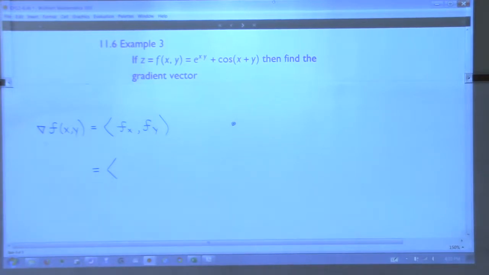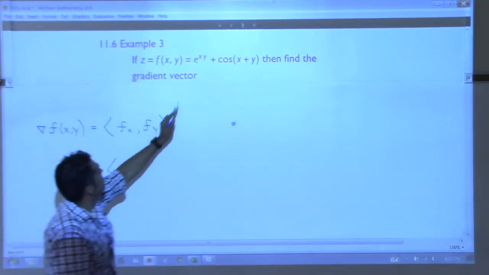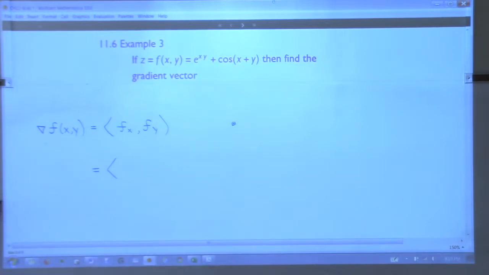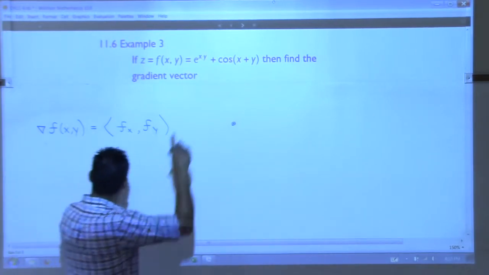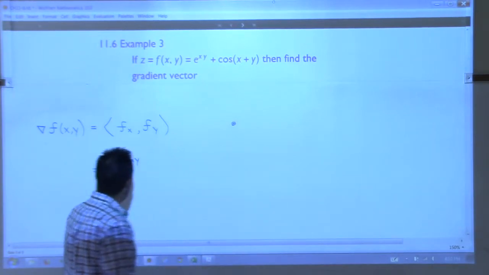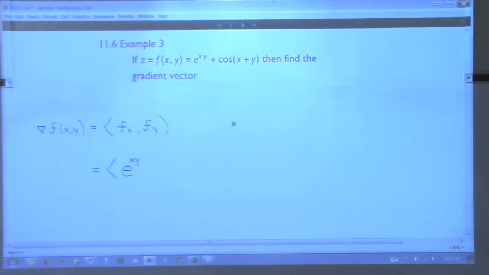So what is the partial of f with respect to x? This one's a little tricky. What is the derivative of e to the xy with respect to x? What's the derivative of e to anything? Itself, e to that something, and then times the derivative of what's in the exponent. So what's the derivative of x times y with respect to x? Just y.